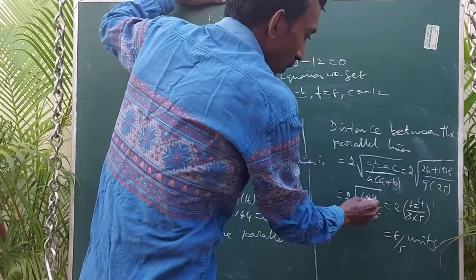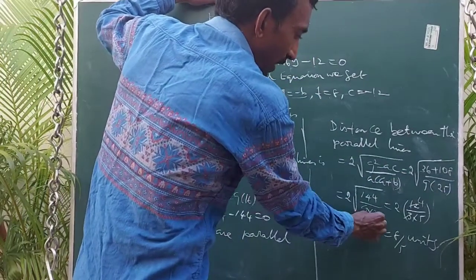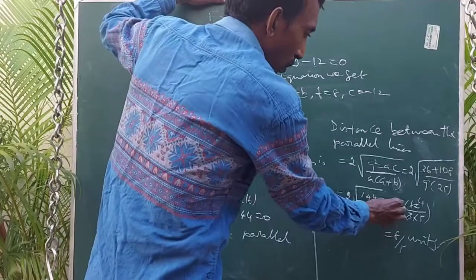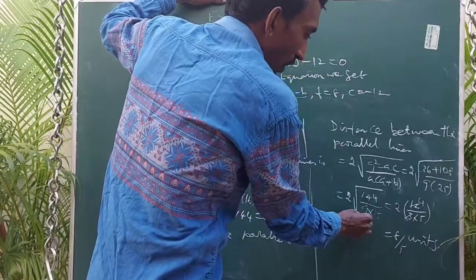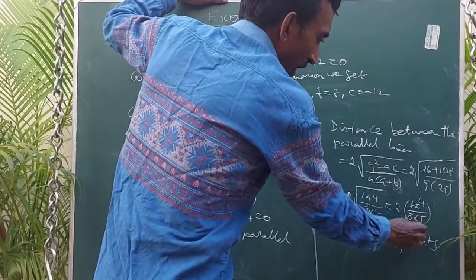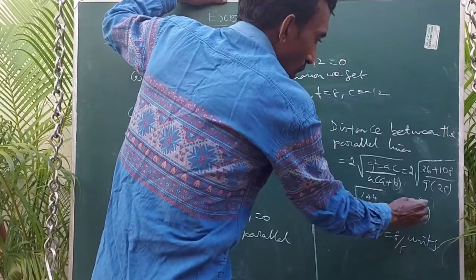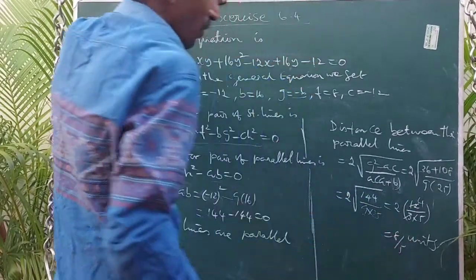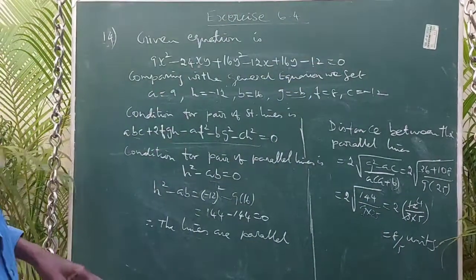So 36 + 108 is 144, divided by 9 × 25. Take the square root: 2 × 12 divided by √9, which is 3, and √25, which is 5. Cancel by 3: 4, 2 fours are 8, so 8/5 units.